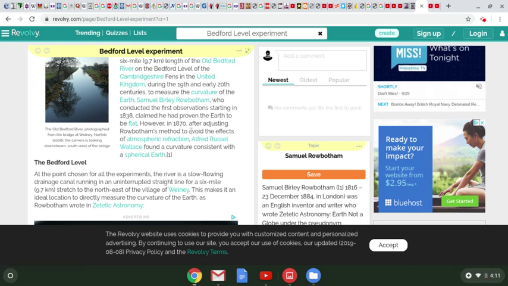However, in 1870, it took them 32 years to figure out how to throw a wrench in reality. After adjusting Rowbotham's method, they had to adjust his method to avoid the effects of atmospheric refraction. And this is what this guy is now saying, no, that's not even possible if they're in the same medium. Alfred Russel Wallace found a curvature consistent with the spherical Earth. Now you're on a ball.